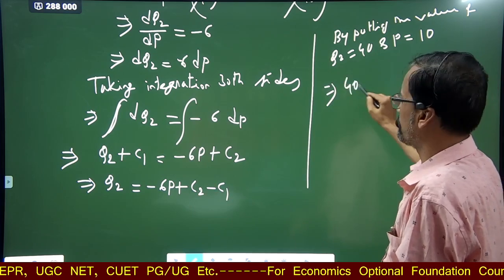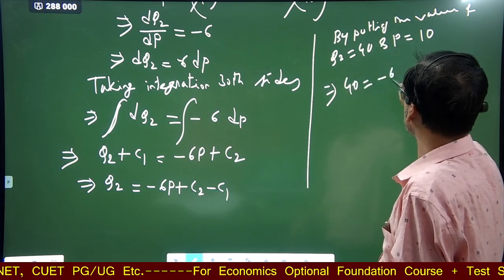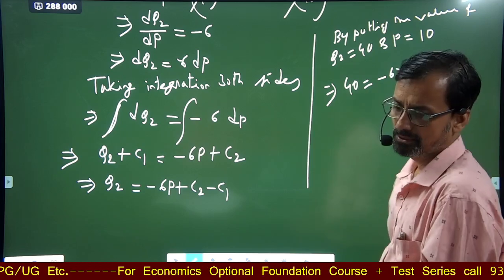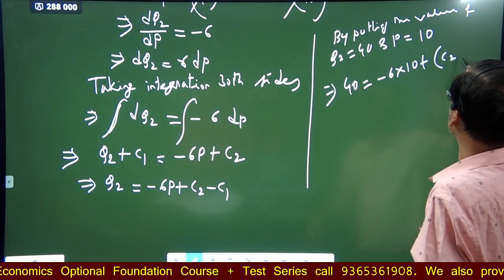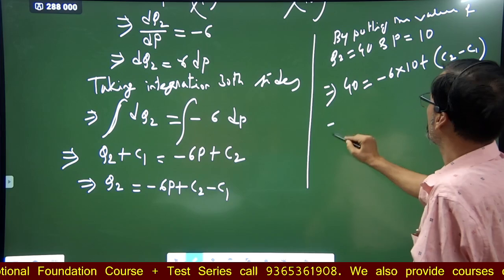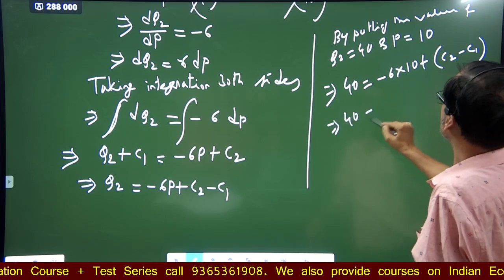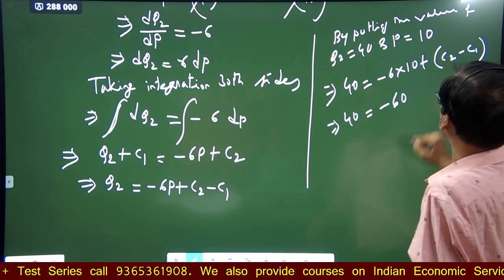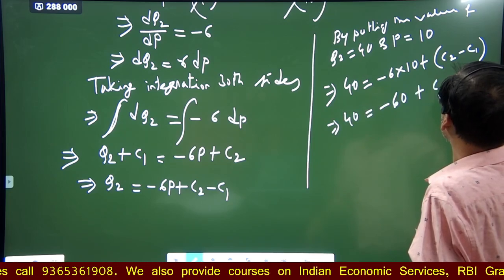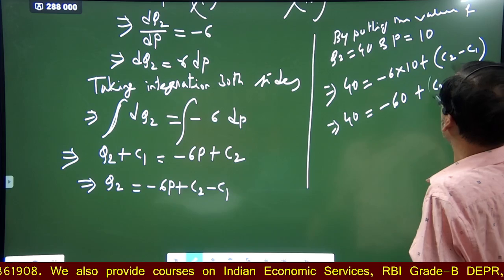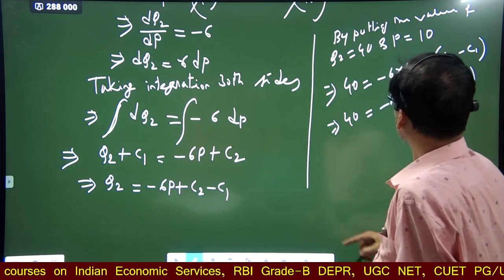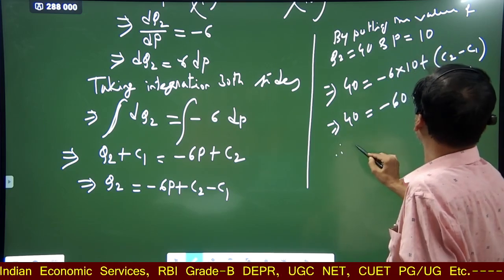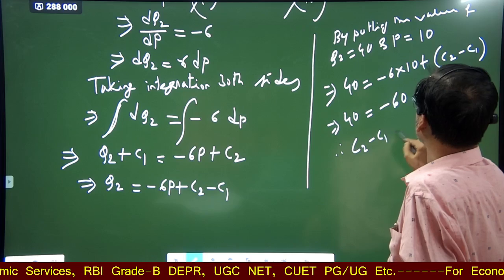Q2 is 40, which equals minus 6 into 10 plus C2 minus C1. So 40 equals minus 60 plus C2 minus C1. Therefore, C2 minus C1 is equal to 100.